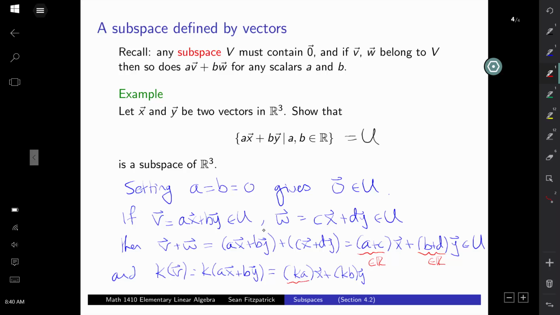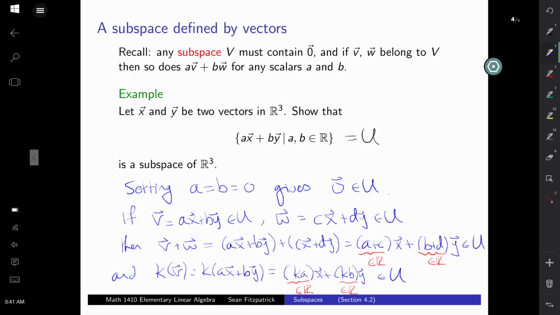And again, k is a real number, a is a real number, so k times a is a real number. This is a real number, and that tells me that this is also an element of my subspace. Okay, so that tells us that this set is indeed a subspace. So any set that is generated in this way by considering every vector generated by those two vectors is going to be a subspace.